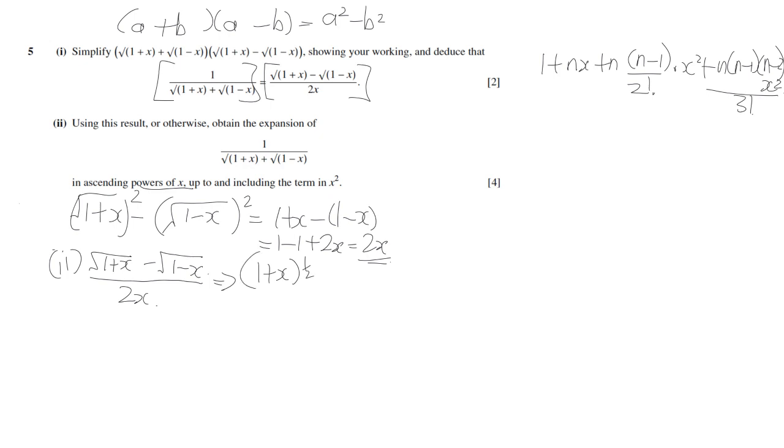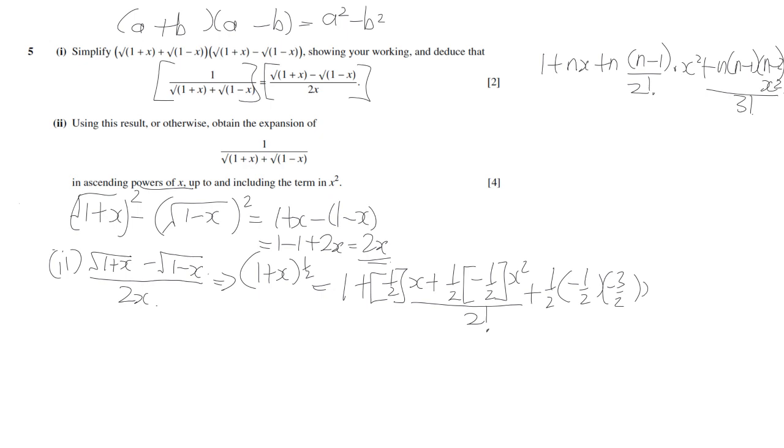Using the formula, 1 plus n, where n here is half, multiplied by x, plus half times bracket negative 1 over 2, close bracket, x squared over 2 factorial, and then plus half times bracket negative 1 over 2, close bracket, negative 3 over 2, x cubed over 3 factorial, which is 3 times 2 times 1, I'll just write it as 6.